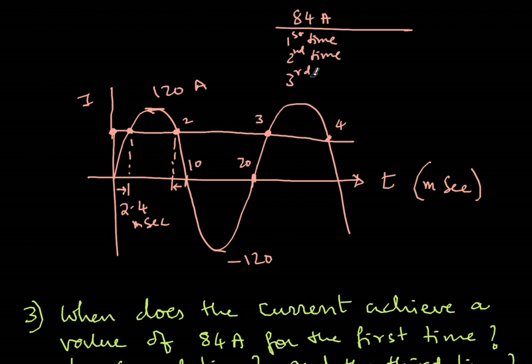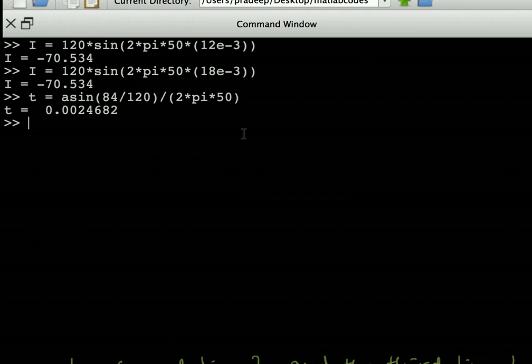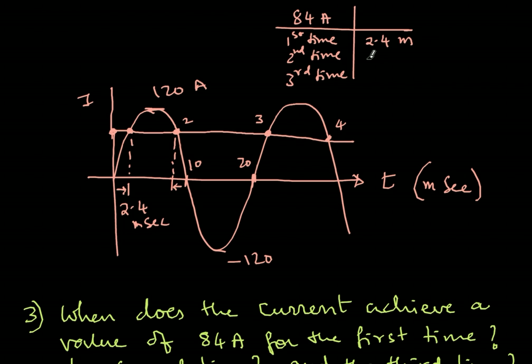So the first time I got 2.4 milliseconds. Second time will be 10 minus 2.4, so I get 7.6 milliseconds. How about the third time? The third time will be one full time period, 20 milliseconds, plus 2.4 milliseconds. So this will be 22.4 milliseconds.